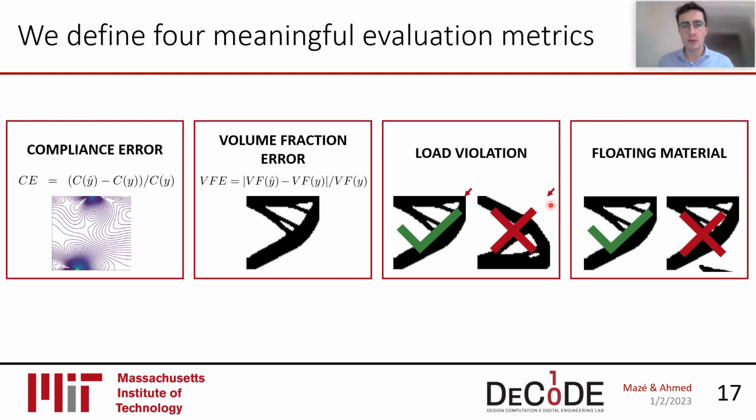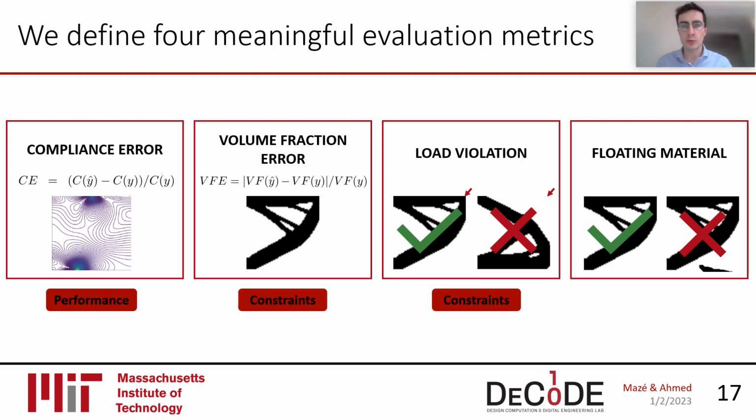Floating material eventually checks if the topology contains floating material, which would cause unmanufacturability. Here, the left image is okay, but not the image on the right, because of this. Compliance error evaluates performance. Volume fraction error and load violation check the respective constraints, and floating material checks the manufacturability.